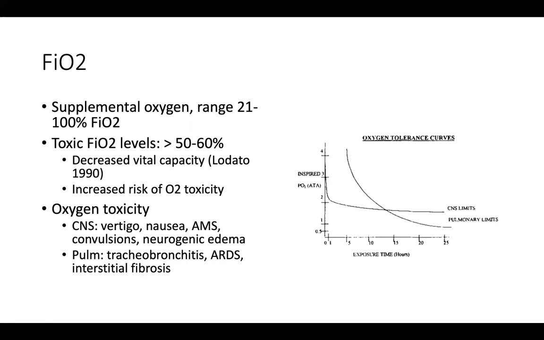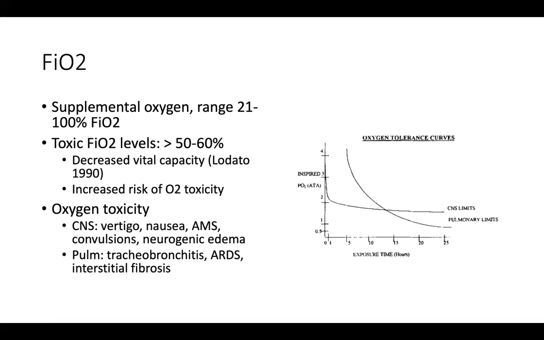But then there are a lot of other reviews that just didn't spell out clear data to me, but anecdotally, they said at levels above 50 to 60, we start to see increased risks of oxygen toxicity. And so I do think that's important to name because in the unit, we're so concerned with preventing hypoxia, but we also have to pay attention to hyperoxia.